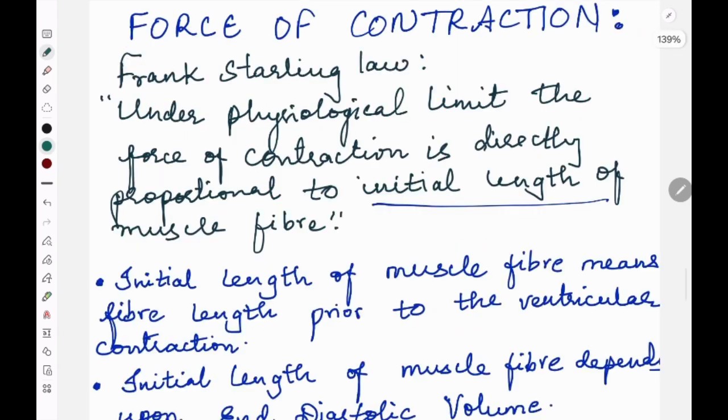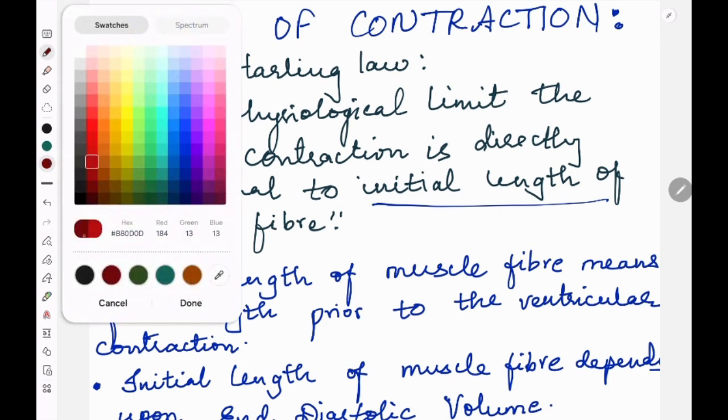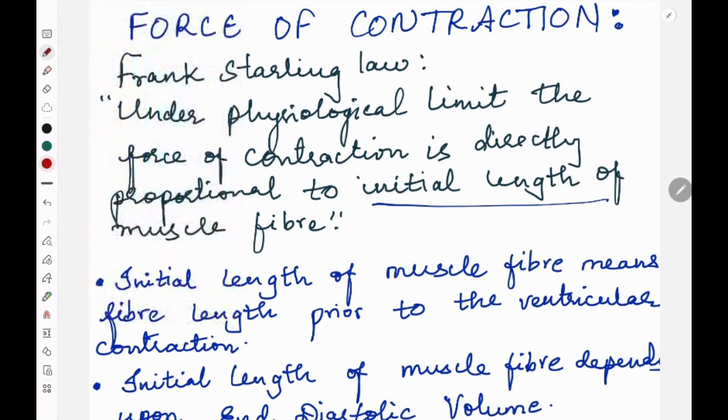Another important factor is force of contraction. Before that, we need to understand the Frank-Starling law. What does the Frank-Starling law explain? This law tells that under physiological limits, under the normal range, the force of contraction is directly proportional to the initial length of the muscle fiber.